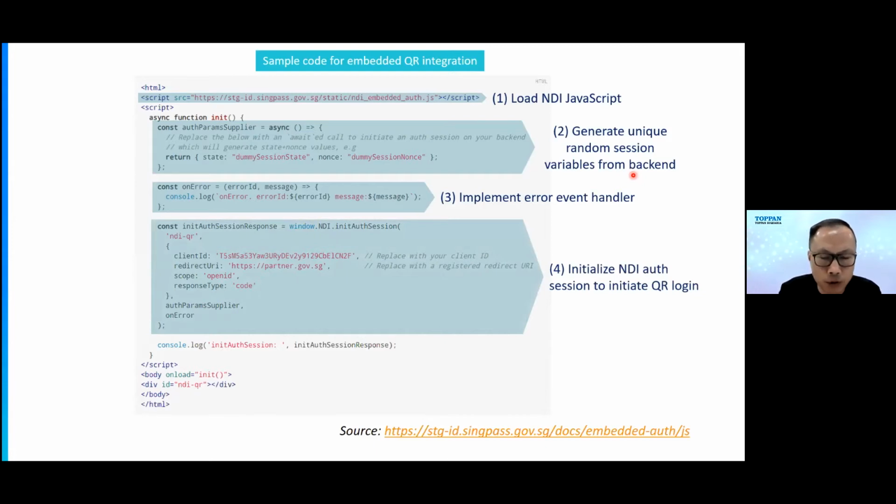This is a block of code that you need to invoke on the NDI JavaScript. Of course, you need to make sure that this is started when your page is loaded, so you need to override the onload event to initialize the session. And lastly, you need to find screen real estate on your page to embed this QR, so you need a div of a certain size for rendering the QR. There's quite a bit of work to be done, to be honest, and testing as well.